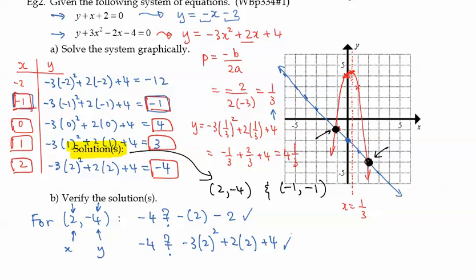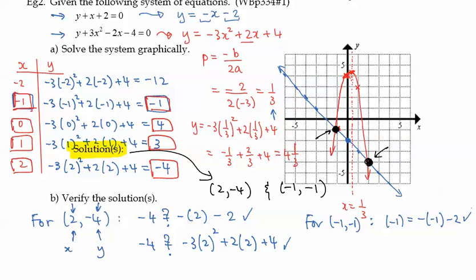Both equations must hold if you want that point to be your solution. If that point will only work for one equation and not the other, that's not a solution. So doing the same thing for the second point, with y equals negative x minus 2.